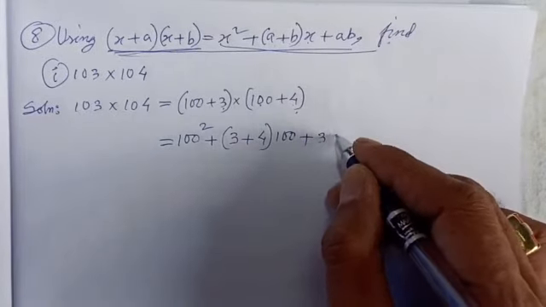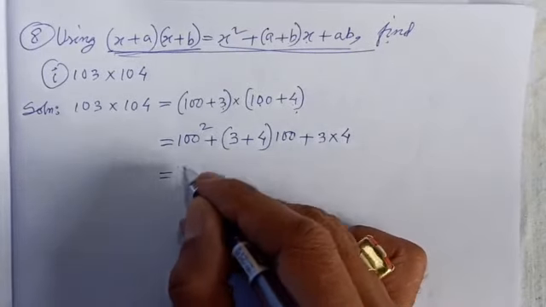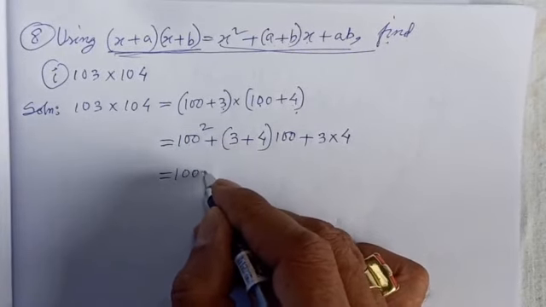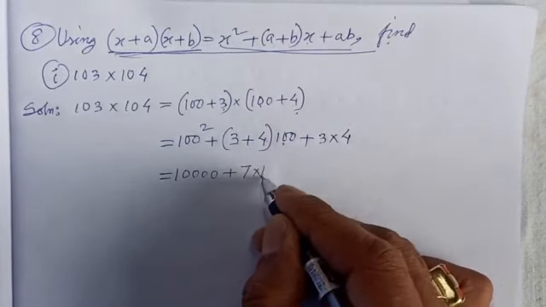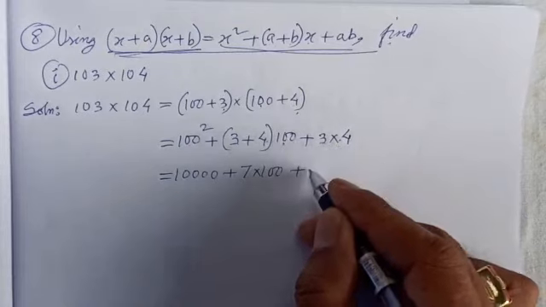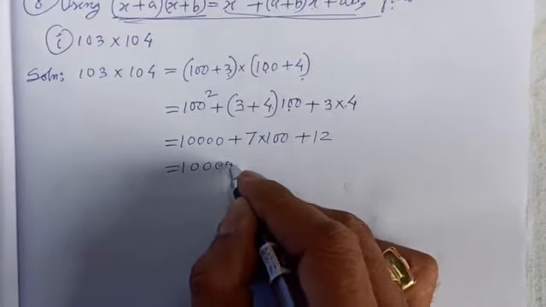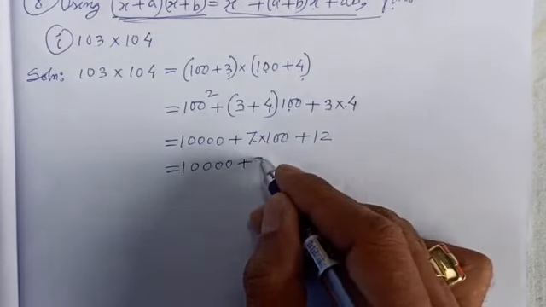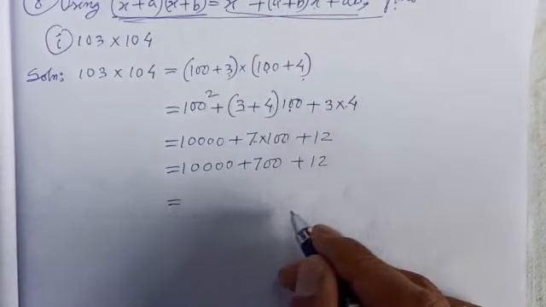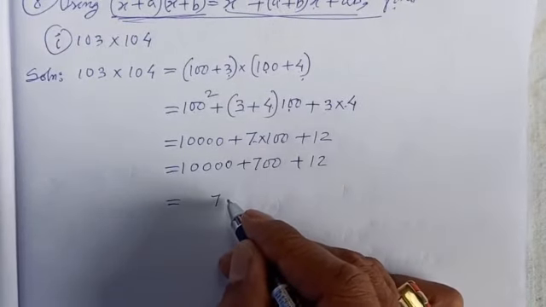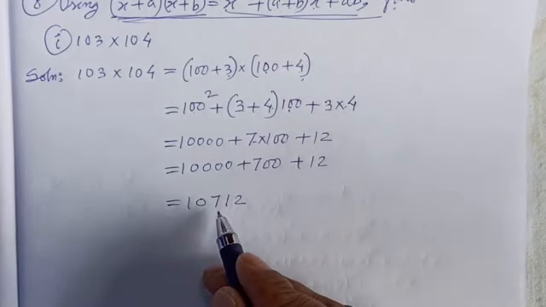Understand or not? 100 square is 10,000 plus 3 plus 4 is 7 into 100 plus 3 times 4 is 12. 10,000 plus 7 into 100 is 700 plus 12. Now let us add together. So we will get 10,712, and this is the answer.